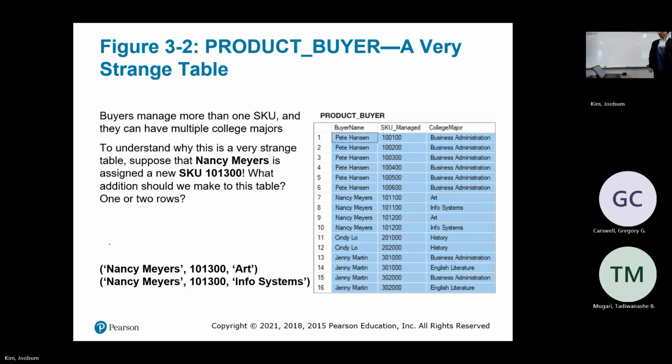Okay. Another example table is the product buyer table. In this table, there are three columns: buyer name, SKU manager, and college major. Do you know what an SKU is?